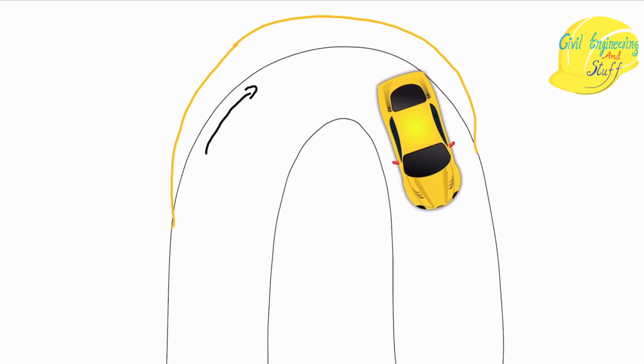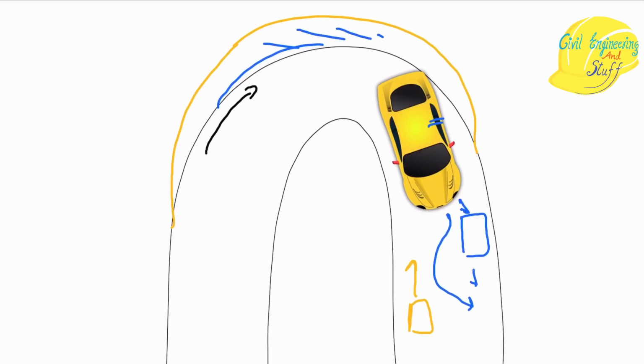So if a driver wants to overtake a vehicle along the curve, now an extra width is available for the vehicle to maneuver and maintain a safe distance before the overtaking. Apart from that, for the vehicle that is coming from the opposite direction, a much safer distance is available for both the vehicles to see each other while negotiating the curve.